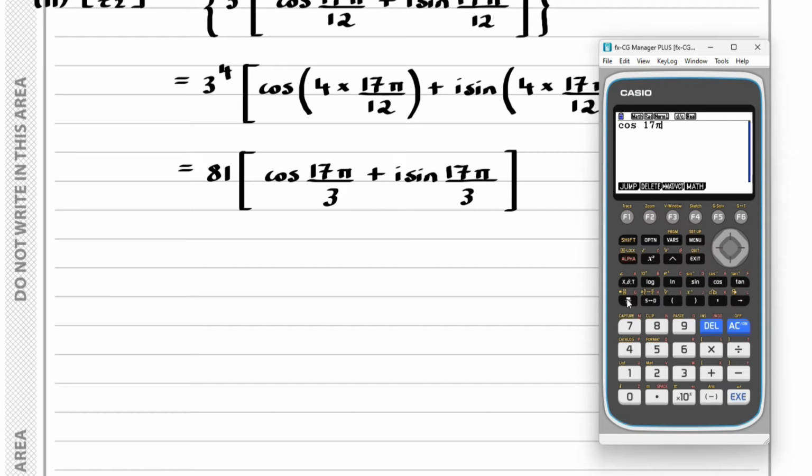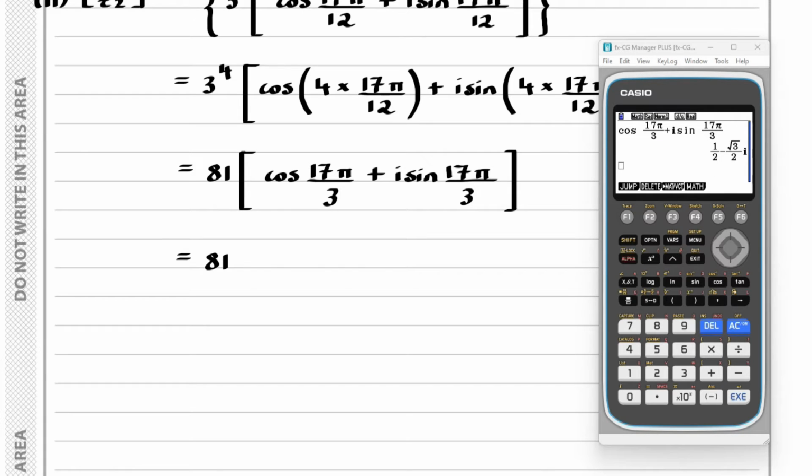pi over 3, and then we add on i multiplied by the sine of 17 pi over 3, and it turns out we get 1/2 subtract root 3 over 2 i.